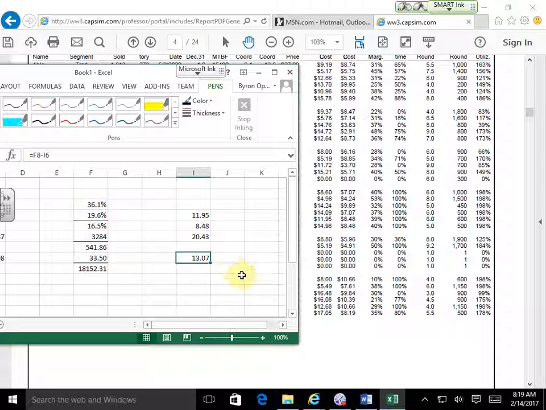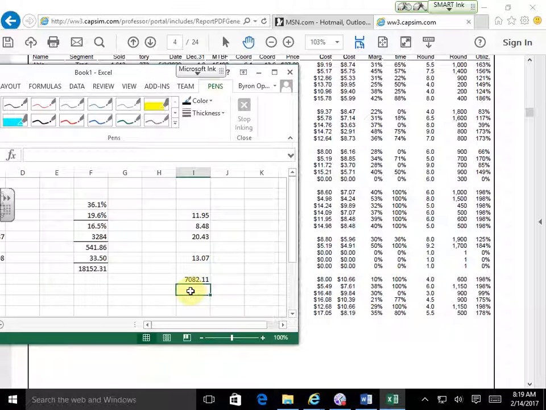When I have that, then I go back to my calculation. So if I wanted to know for this last round what they missed out on in terms of gross profit, then all I have to do is take that 13.07, my gross profit per item, times the number of units that they didn't sell and could have.